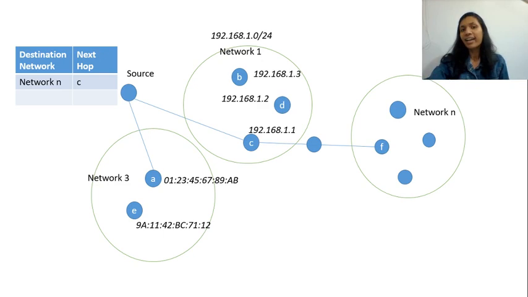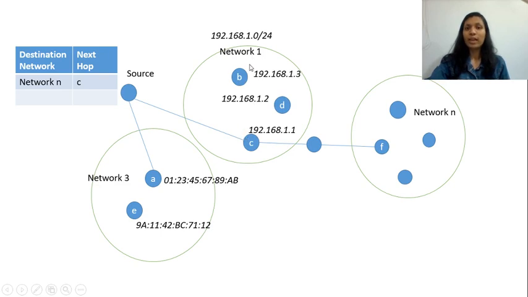You can create hierarchies using IP address. For example, take a look at the network 1 which is shown here. The devices are using IP addresses, and since all of the devices belong to network 1, the IP addresses of these devices are related to each other.